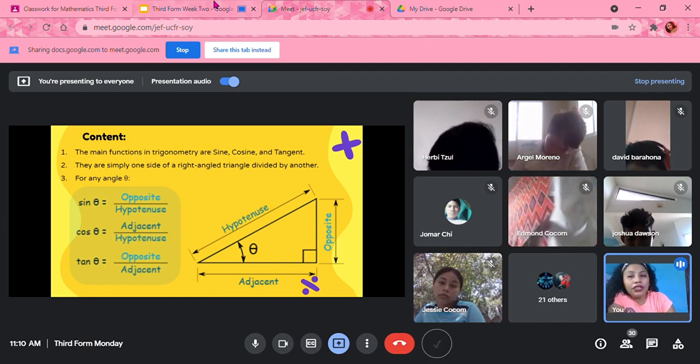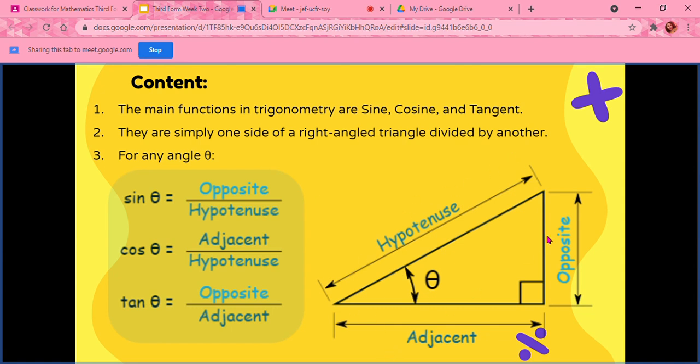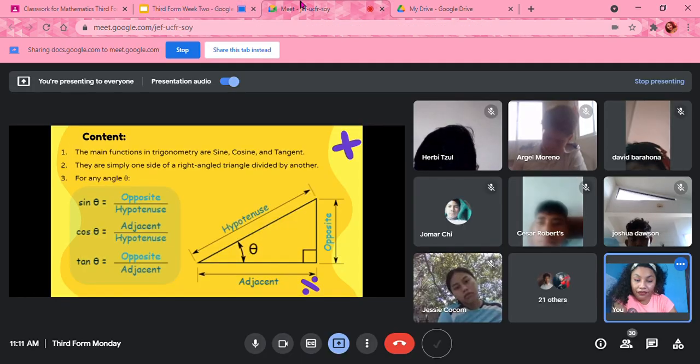If I were to have labeled my triangle, this side is going to be 5, this side is going to be 3, and this side is going to be 4. For me to find the answer of sine theta, I'm going to put opposite over hypotenuse. So this side is 3 and this side is 5. So sine theta is equal to 3 over 5.